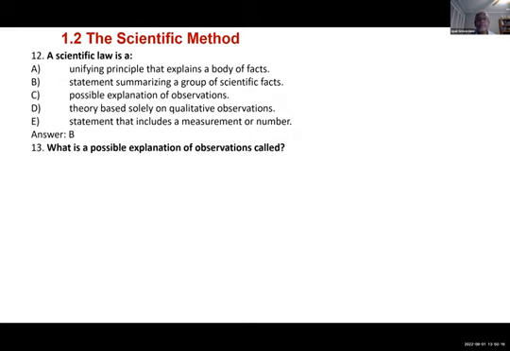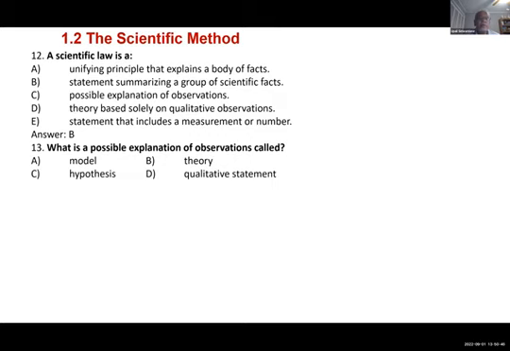What is a possible explanation of a scientific method? It is called a possible explanation. A possible explanation of observation is called what? What is the first explanation you get after you look at and analyze the data?